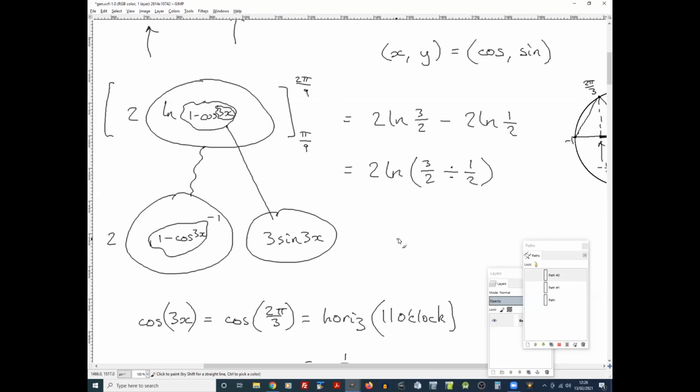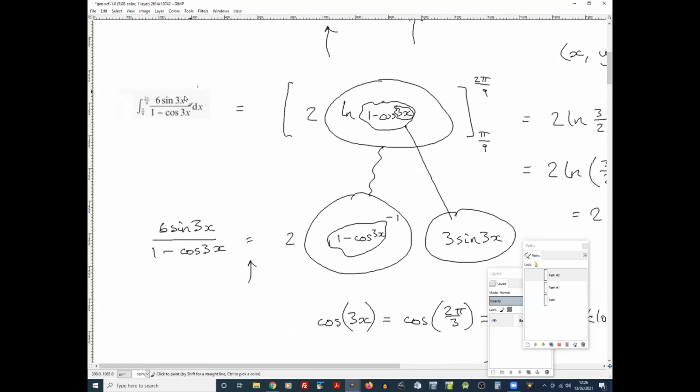Okay, so that would be 2 ln 6 over 2. So 3 over 2. Yeah, the 2's cancel basically. Cool.